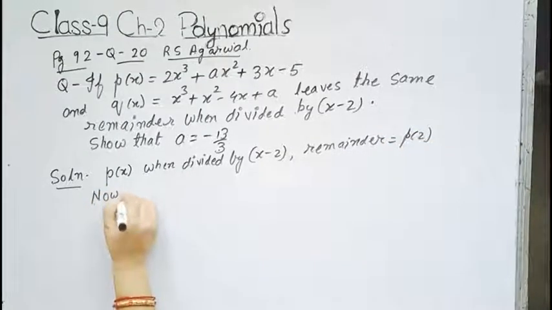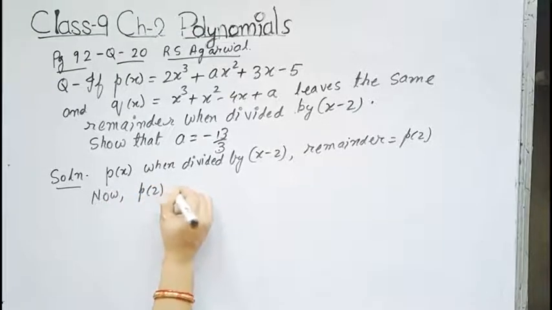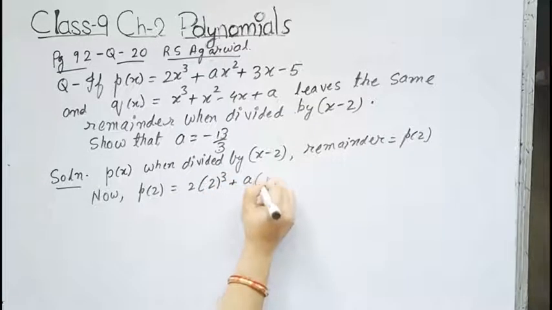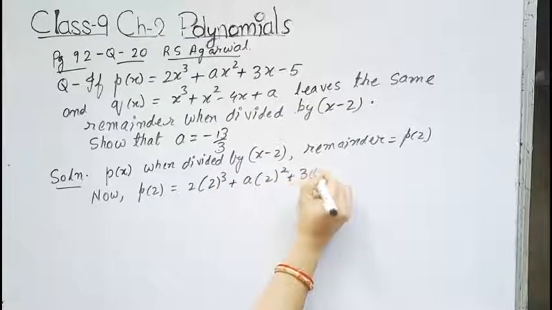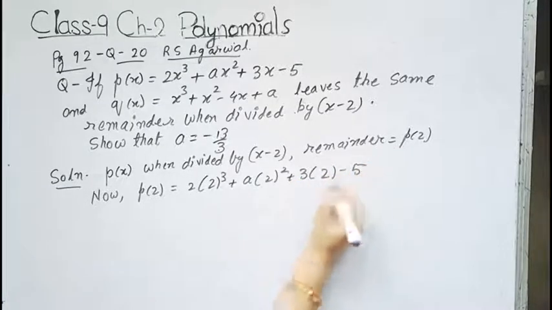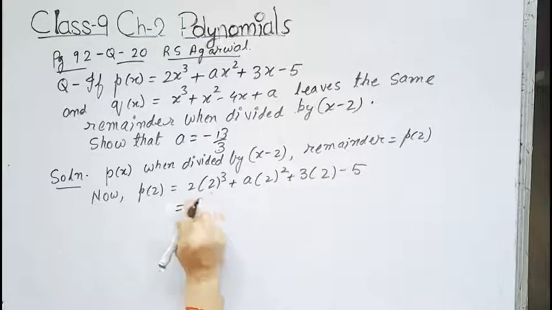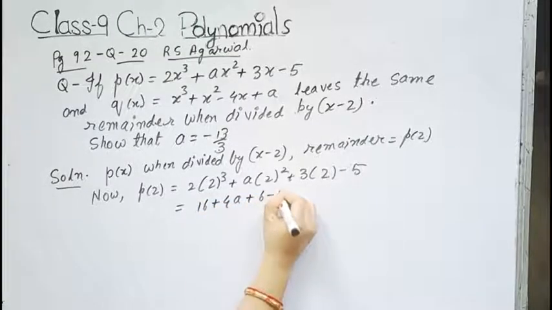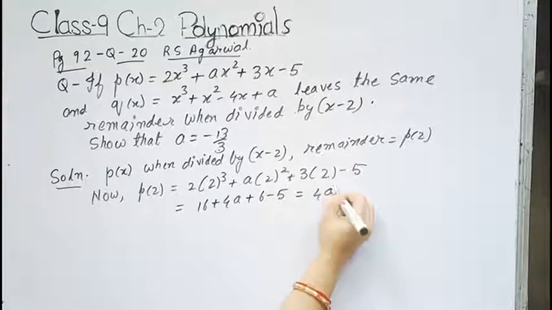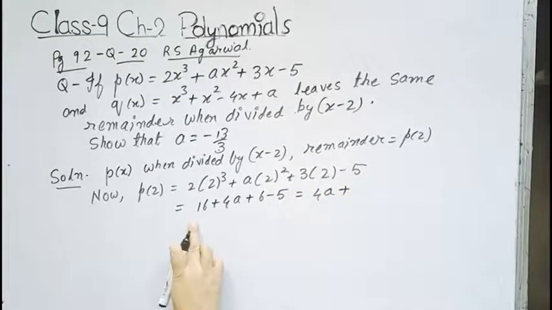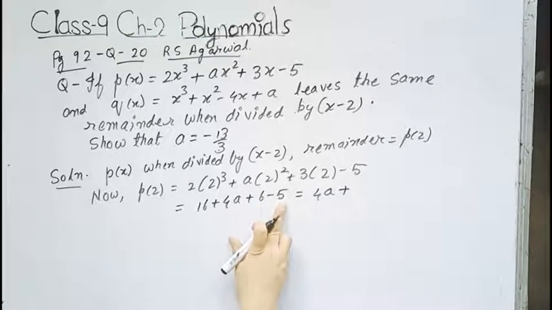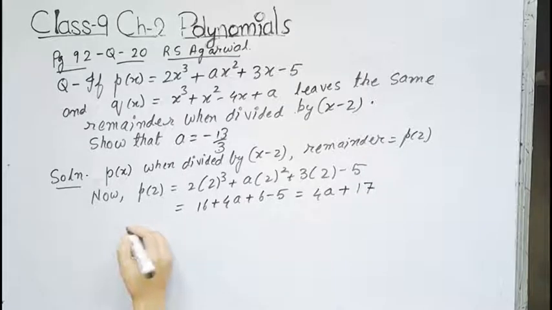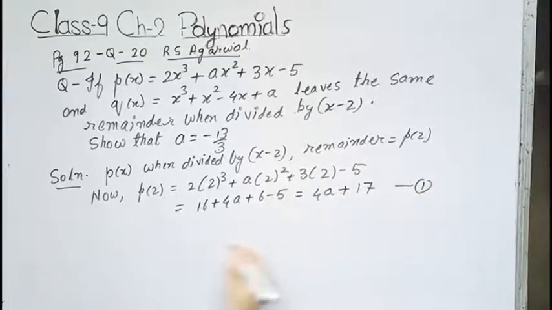Now let us find p(2). p(2) equals 2 into 2 cube plus a into 2 square plus 3 into 2 minus 5. So this will be 8 times 2 is 16, plus 4a plus 6 minus 5. So this will be 4a plus 16 and 6 is 22, 22 minus 5 is 17. Let us make it equation number 1.